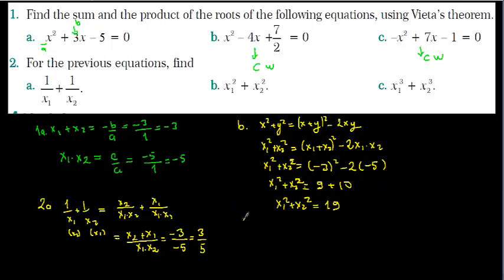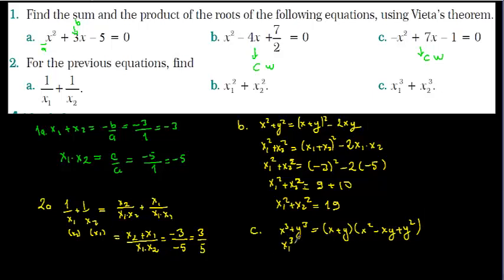And the last one is the c, x1 cube plus x2 cube. For the c1 also I'm going to use the x cube plus y cube formula. x cube plus y cube is equal to x plus y times x square minus xy plus y square, it must be.